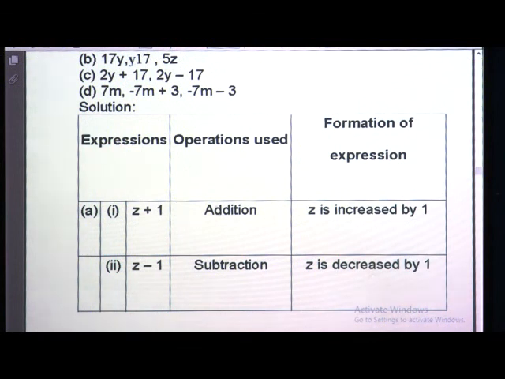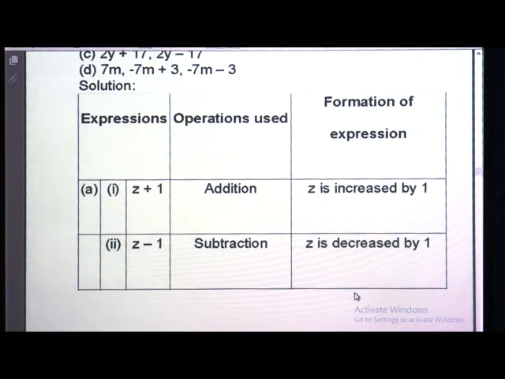So, it is addition. Formation of expression: z is increased by 1, or we can write it as 1 is added to z. Then z minus 1, we have the subtraction, we can write 1 is subtracted from z.